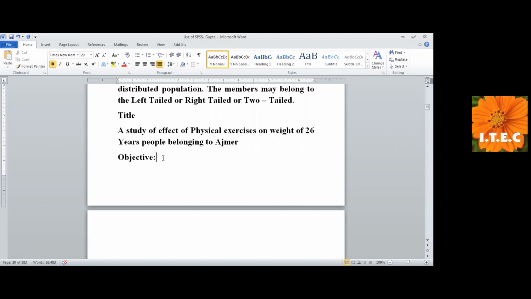So I may have an objective like this: to compare the mean rank scores of weight of people before and after physical exercise.